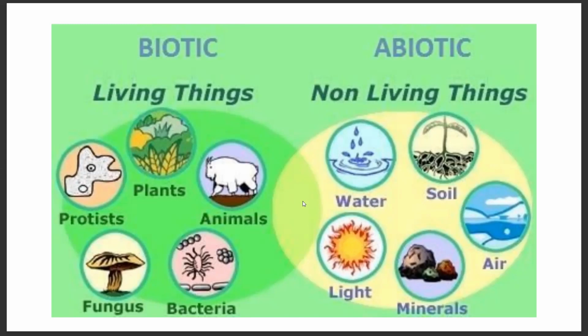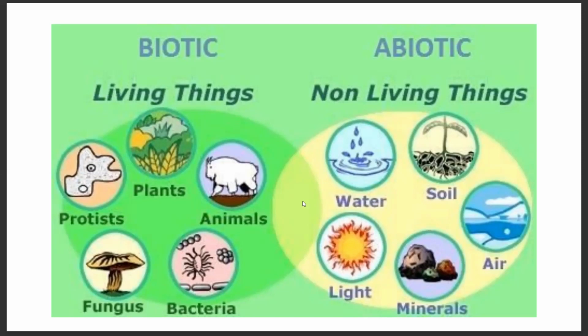Okay, so we discussed biotic and abiotic components, right? Simply, biotic means living things and abiotic means non-living things. When we come to abiotic things, examples, they can be physical or chemical, like water, soil, sunlight, air, right?